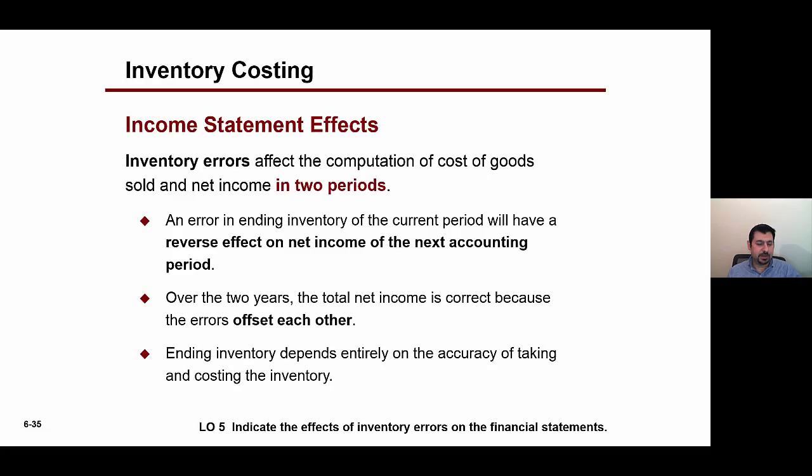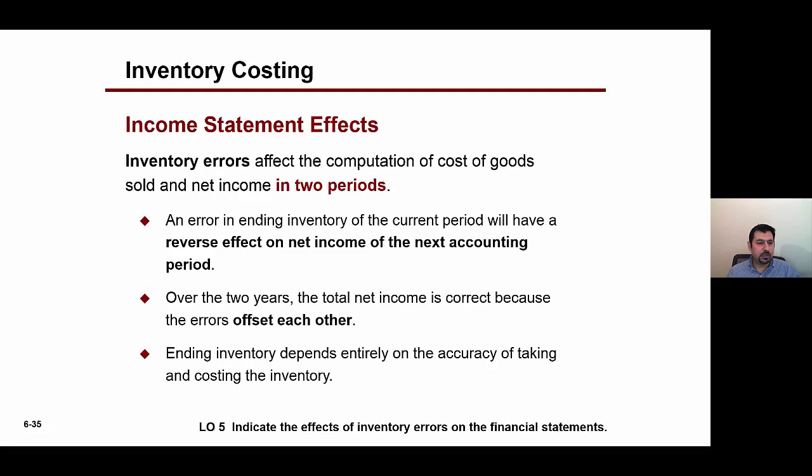And because it's affecting the ending inventory from this accounting period, it will also affect the next accounting period. So basically, any inventory error will have an effect on 2 accounting periods.